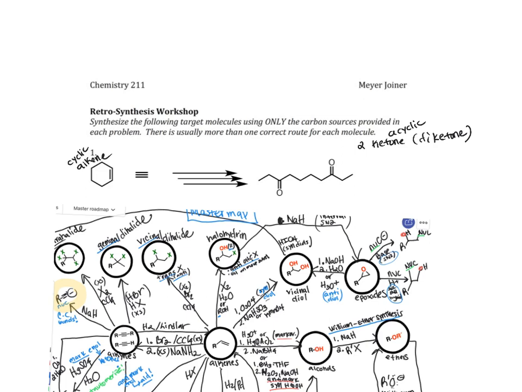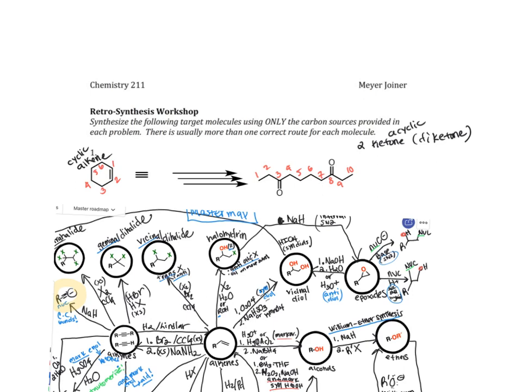The other thing that's always necessary is to count your carbons. So I'll start here, 1, 2, 3, 4, 5, 6. Okay, and now 1, 2, 3, 4, 5, 6, 7, 8, 9, 10. So the 6-membered alkene became a 10-membered acyclic diketone.